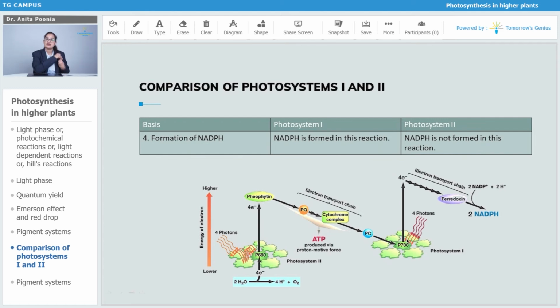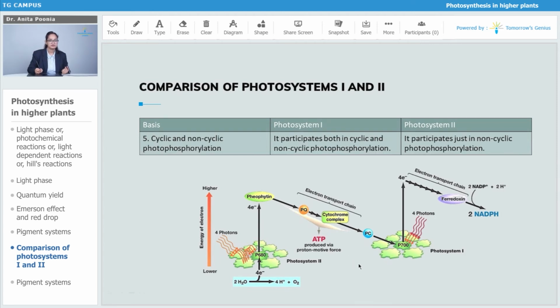Formation of NADPH: in photosystem 1 it is formed in this reaction, whereas in photosystem 2, NADPH is not formed. On the basis of cyclic and non-cyclic photophosphorylation, students, that's very important to know: photosystem 1 participates in both cyclic and non-cyclic photophosphorylation, whereas photosystem 2 participates just in non-cyclic photophosphorylation.